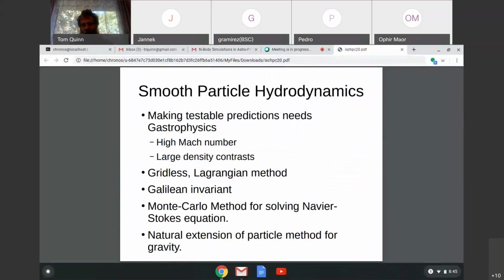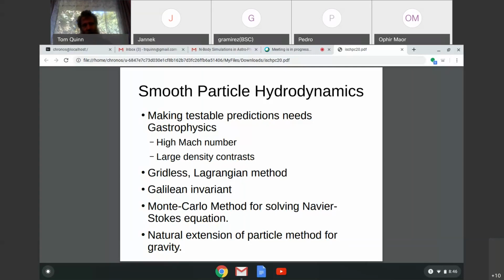I said SPH way back in the beginning. There is gas dynamics to be done, particularly when we're talking about trying to understand the structure of galaxies. And so we need a way to do that. But we need to do that in situations where we can handle high Mach number, 10 or more is typical in astrophysics.